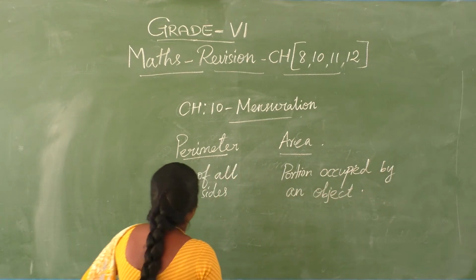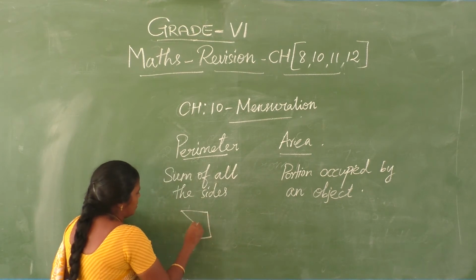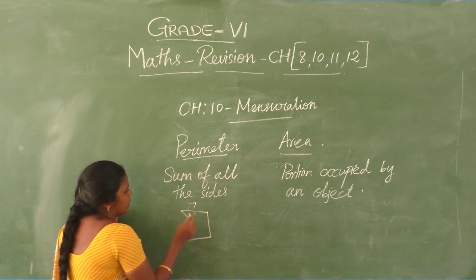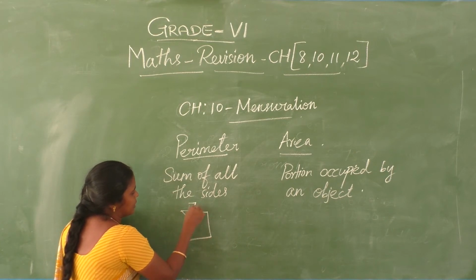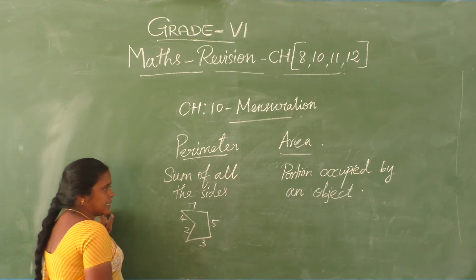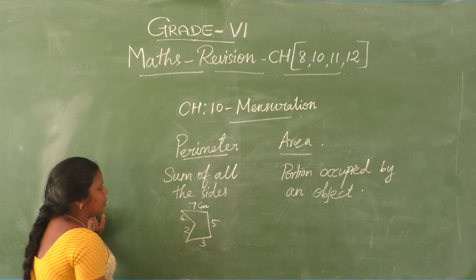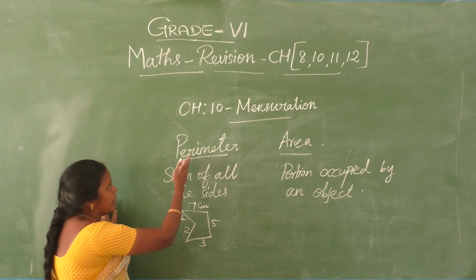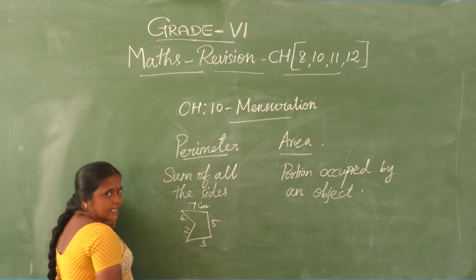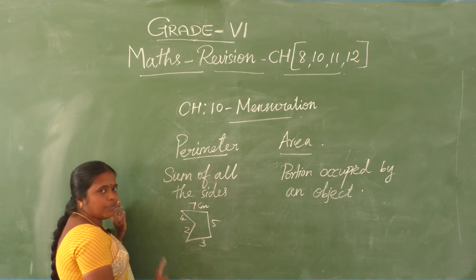Clear? Here, for example, I have taken some shape. Find its perimeter. Side measurements mentioned here: 7, 5, 3, 2, 4. The unit is centimeter here. So to find its perimeter, you have to add all the sides, the surrounding length of the object.